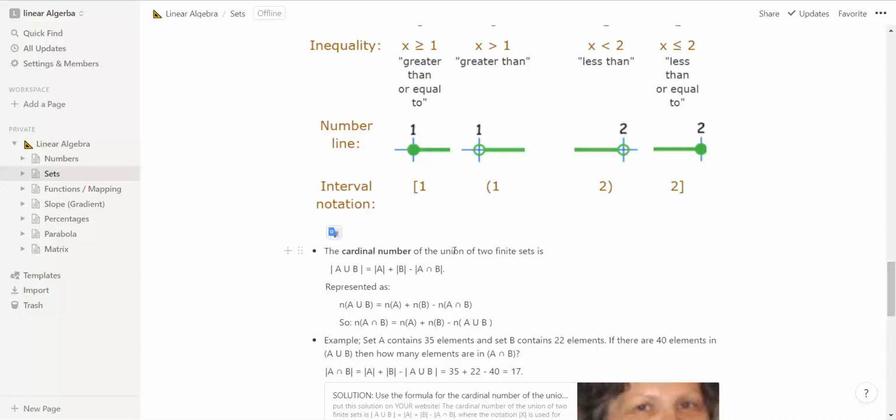The cardinal number of the union of two finite sets, meaning the size or order, is the number of elements in A plus the number of elements in B minus their intersection.